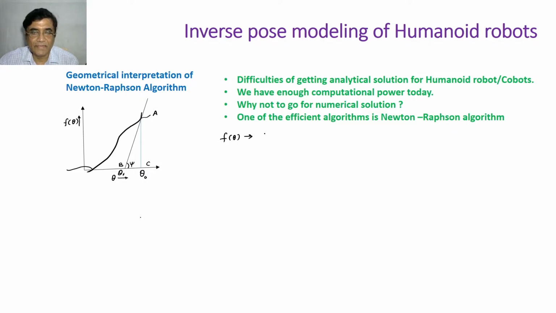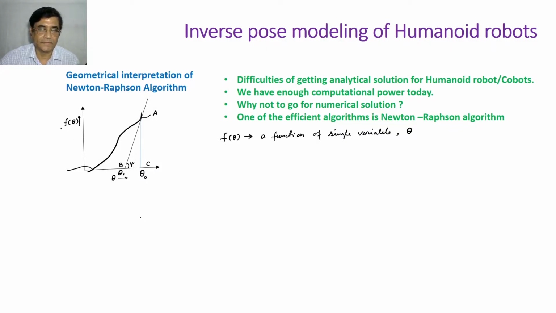So f of theta is a function of a single variable, say theta. And the function looks like this, for example.